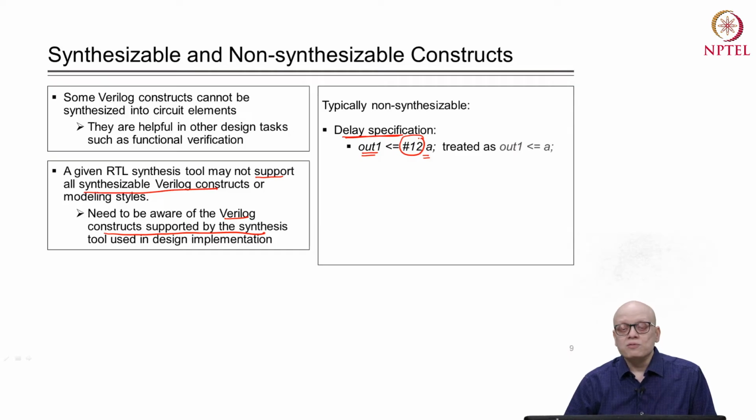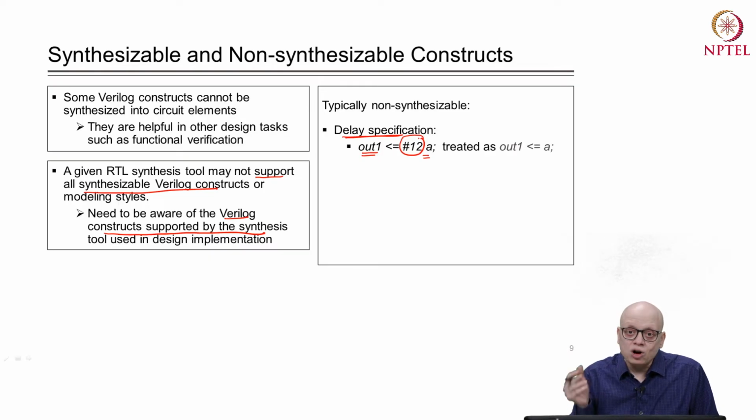In simulations, we want to verify whether our RTL model behaves correctly when there is a delay of say 12 time units. So the hash delay kind of construct, if it exists in the RTL code, should be interpreted as meant to simulate and see what happens to our RTL model if this much delay happens.